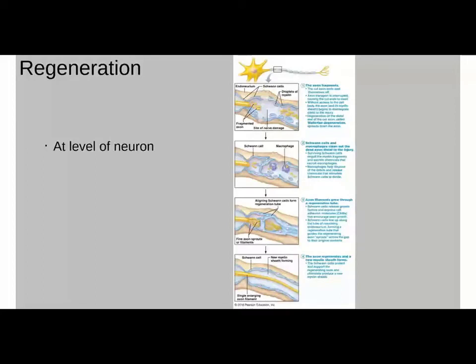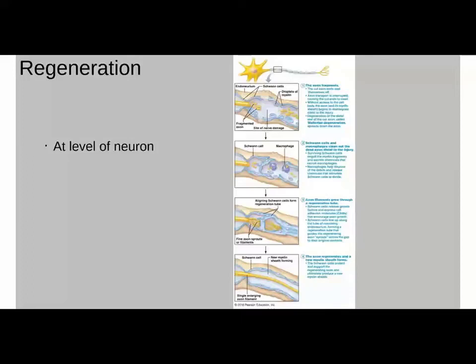After the damage occurs, the Schwann cells clean up the remaining bits of that myelin sheath, and macrophages begin to arrive to clear up cellular debris, things like the bits of axon that were there. So macrophages are cleaning up the debris as Schwann cells are cleaning up the myelin sheath.